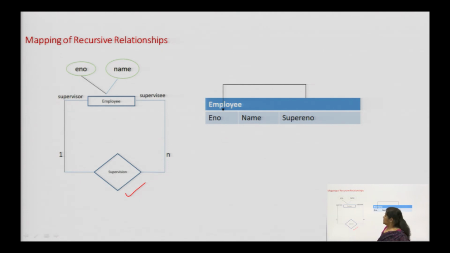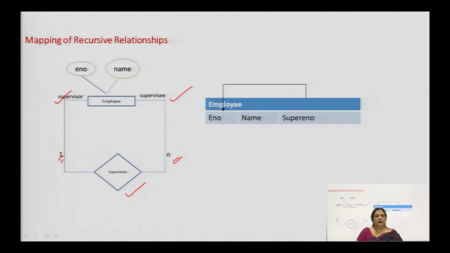One of the roles of employee is that of the supervisor, and the second role of the employee is that of the supervisee. That means a supervisor can supervise n employees, and an employee can be supervised by only one supervisor.